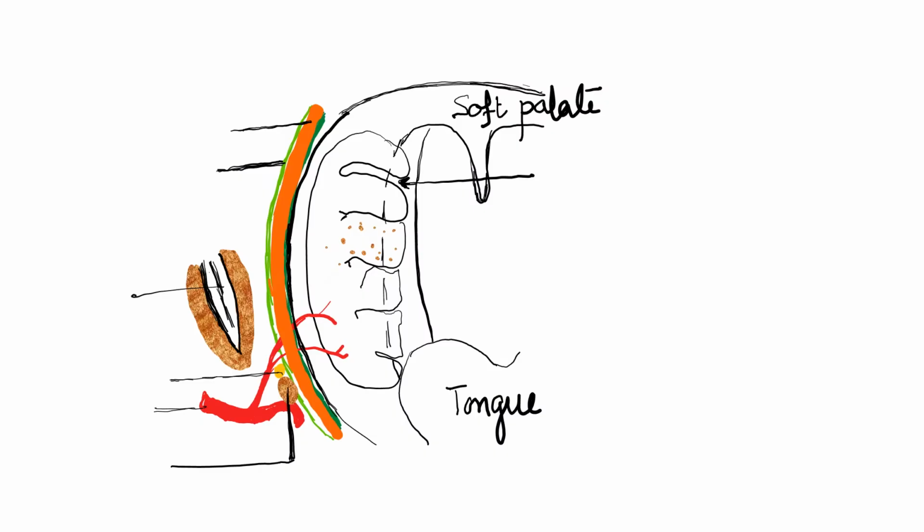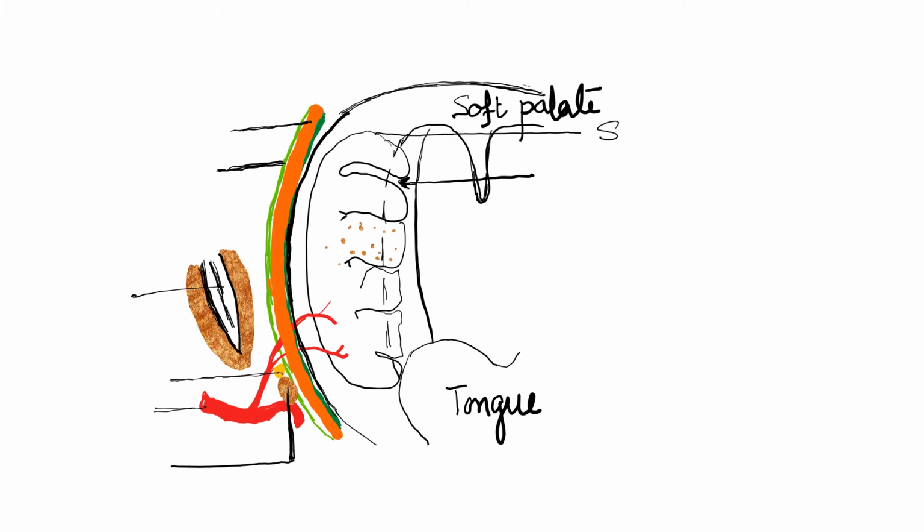If we take the coronal section that passes through the tonsil, in that case, this is the superior pole. Because this is the vertical section, the coronal section, this can be called the superior pole.